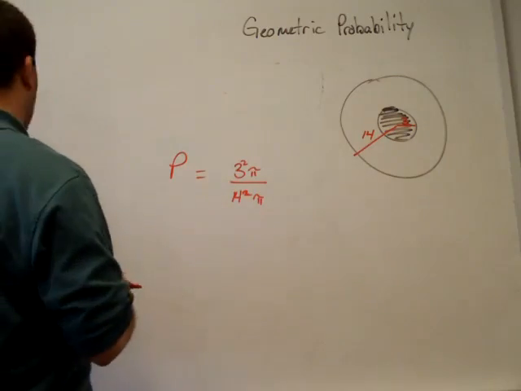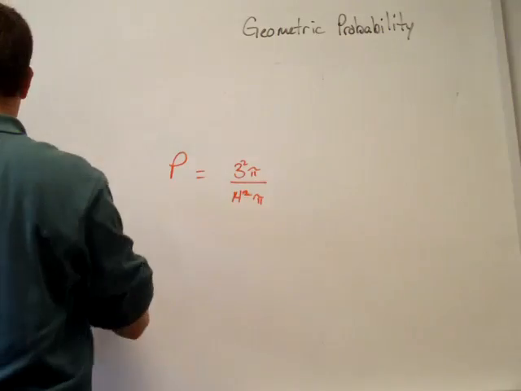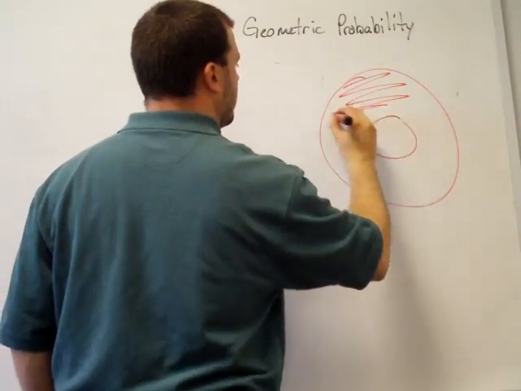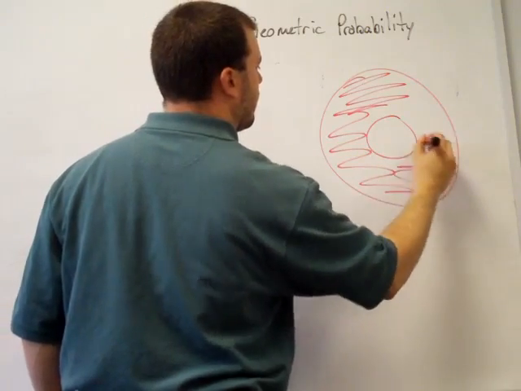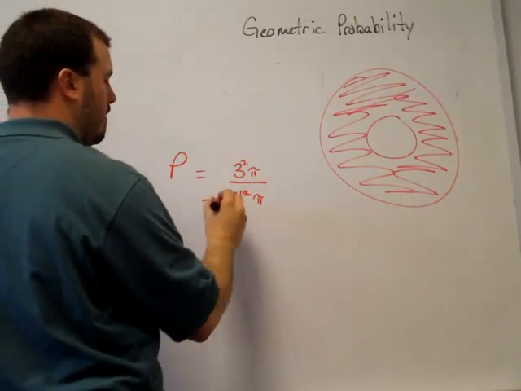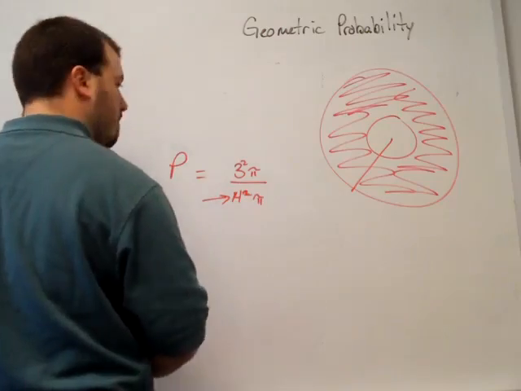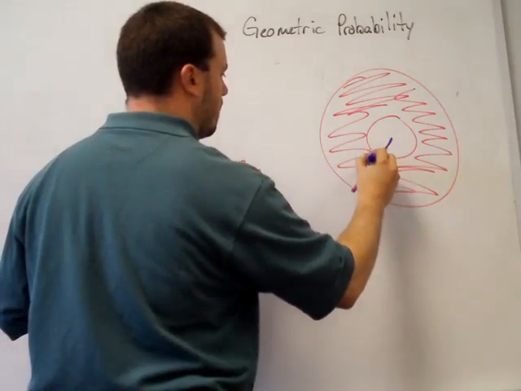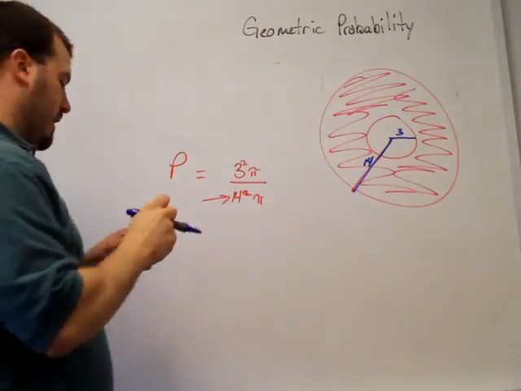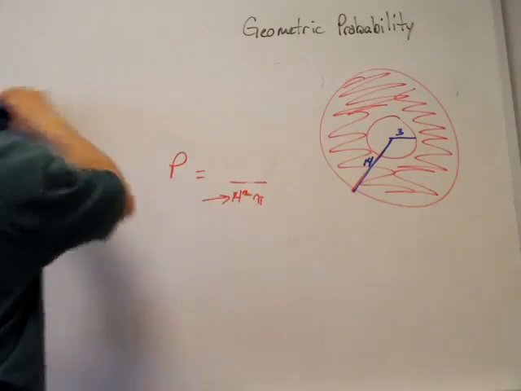You might see the shaded region being the outer circle minus the inner circle. In which case, again, you would have the same denominator, 14 squared pi if that's the same radius. And if our inner circle still has the radius of 3, our successful locations now is not 3 squared pi.